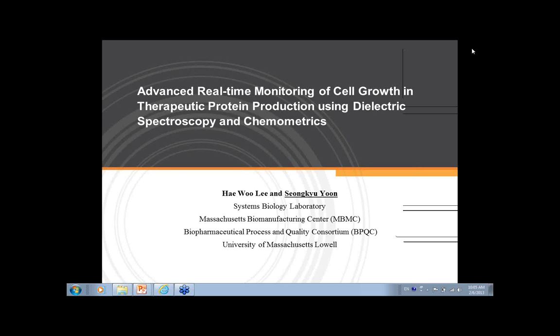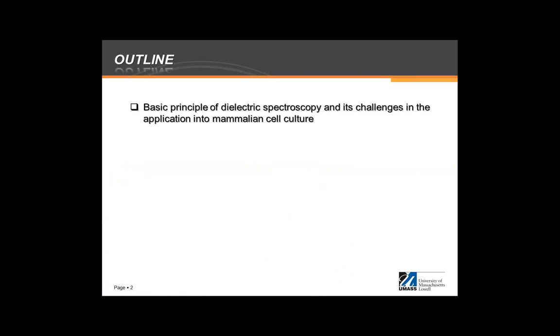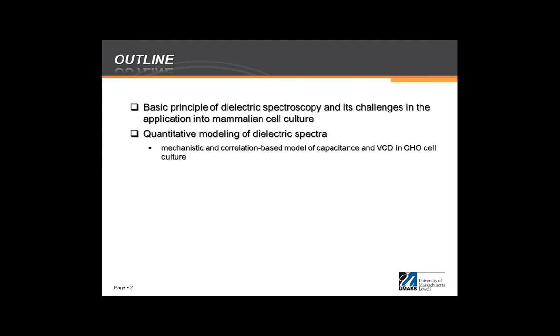So today, what I'm going to talk about is dielectric spectroscopy and chemometrics technology for monitoring mammalian cell culture growth and its productivity. First of all, I want to explain briefly the basic principles of dielectric spectroscopy and what are the challenges most of the biopharmaceutical companies are facing with this technology.